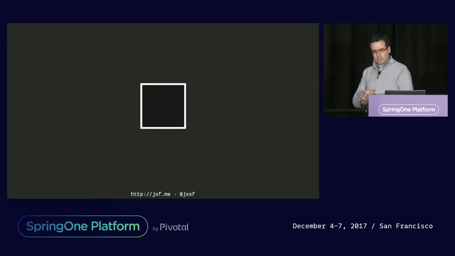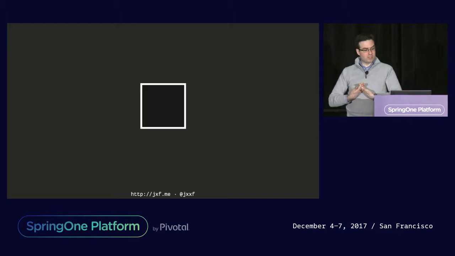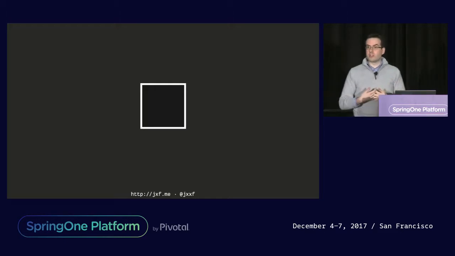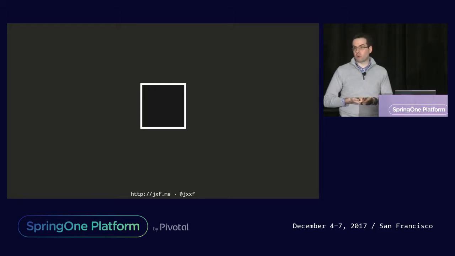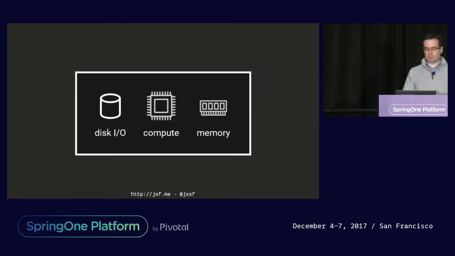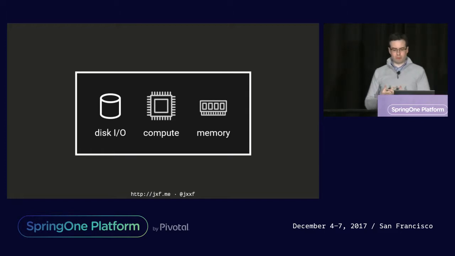When we want to understand the health of a system, whether it's distributed or not, there are lots of things we could measure. There are lots of things we could choose from that will help us understand how well or how poorly that system is doing. So, the traditional things we might think about off the top of our heads are things like disk I/O or compute or memory.